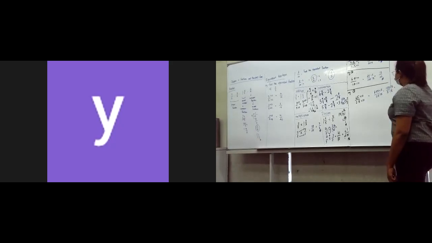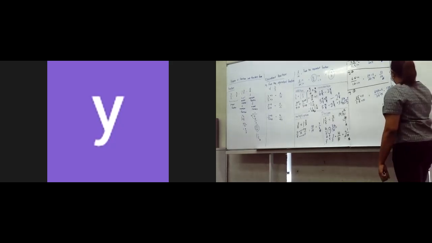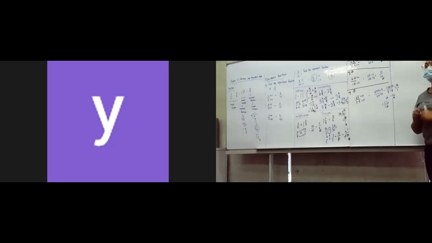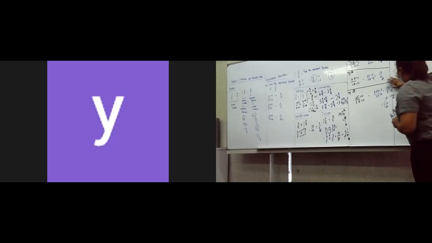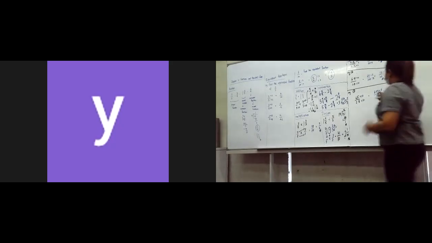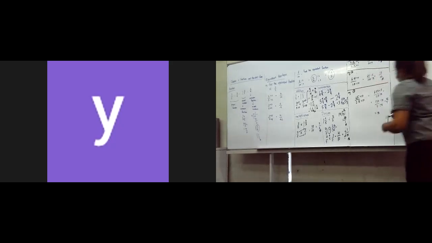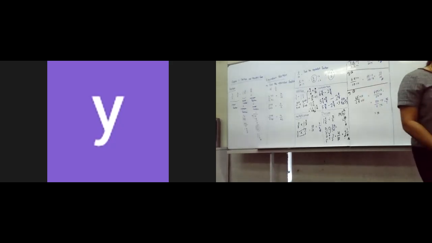Which is 26 over 1. So the answer will be 26. So that is how you have to do this. Okay, clear? So this is how you play with decimals in fractions.